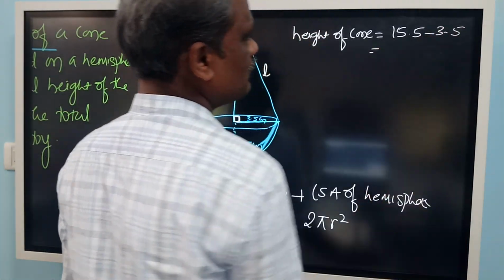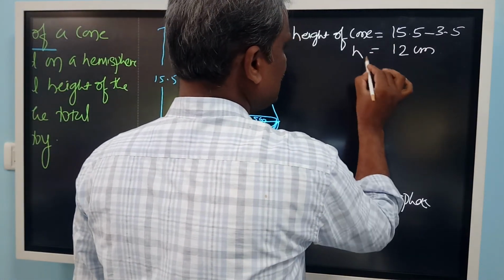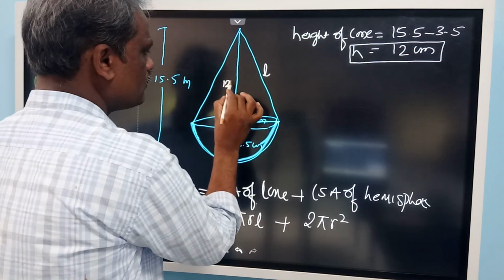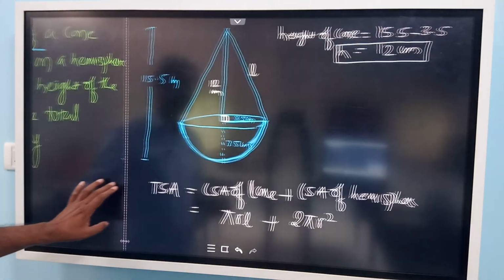So it becomes 12 centimeter. So h is equal to 12 centimeter. This is 12, this is 3.5. Using this, you have to find out the slant length.